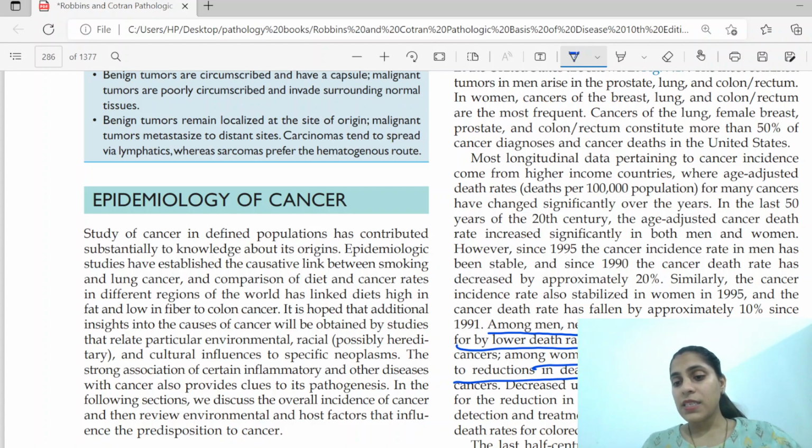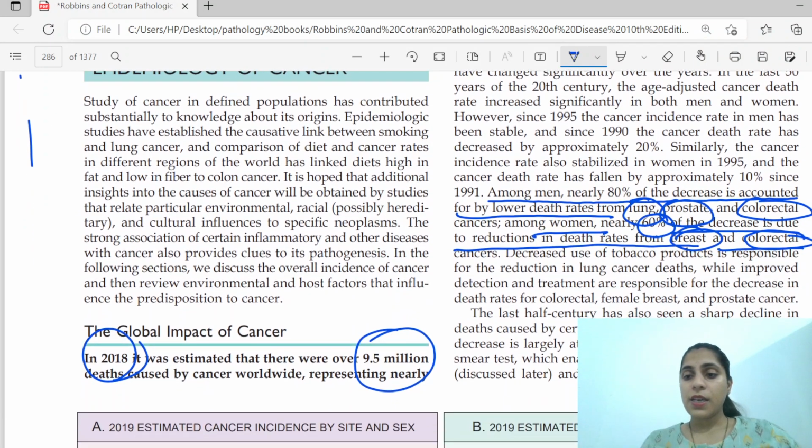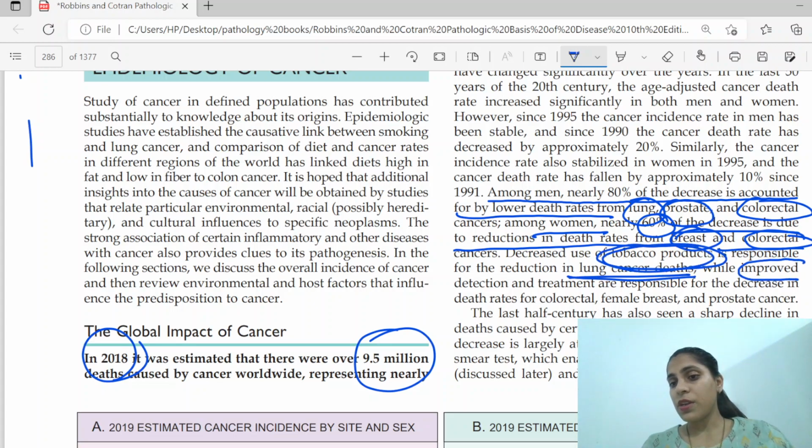When we analyzed, we have seen the reducing rate of malignancy in lung cancer. It is due to reduced tobacco intake, whereas the improvement that is seen in colorectal carcinoma, breast carcinoma and prostate carcinoma is usually due to early detection as well as good treatment. Improved treatment is responsible for decreasing their rate.